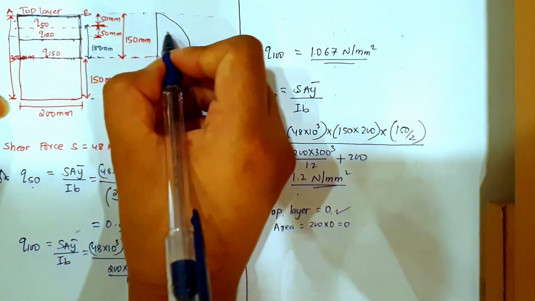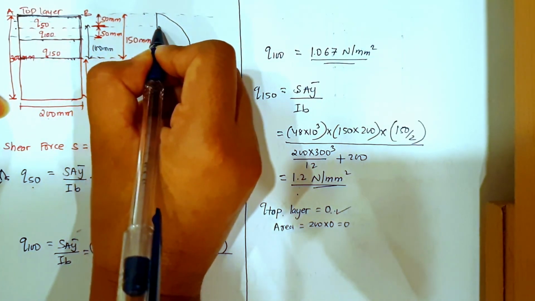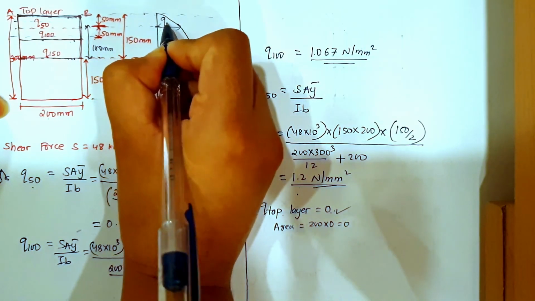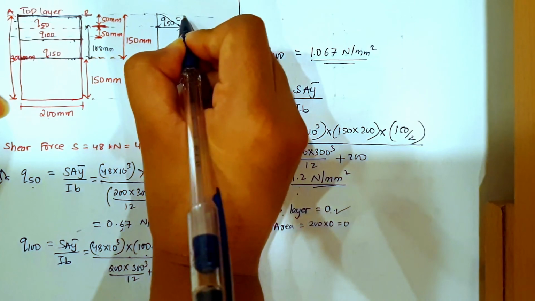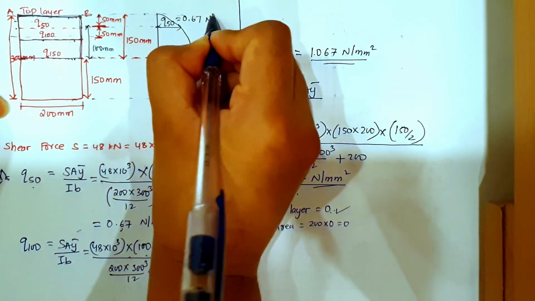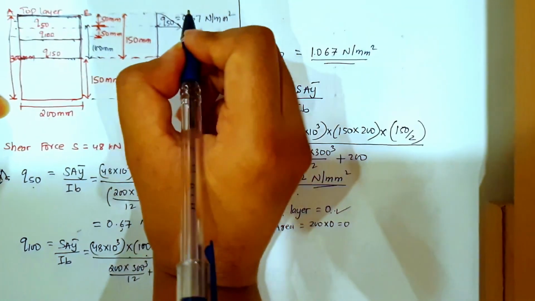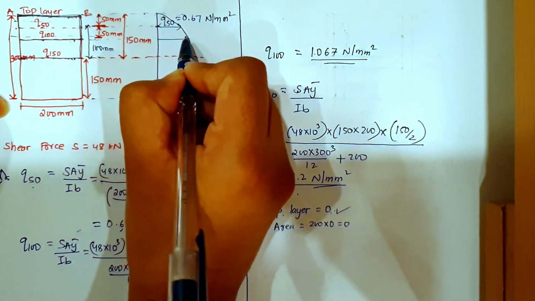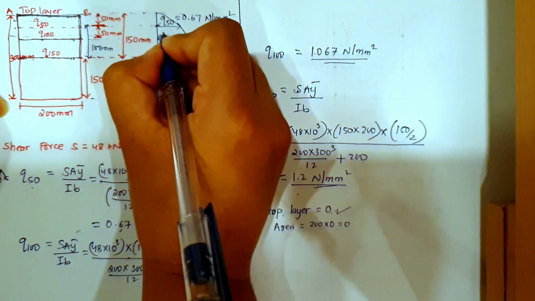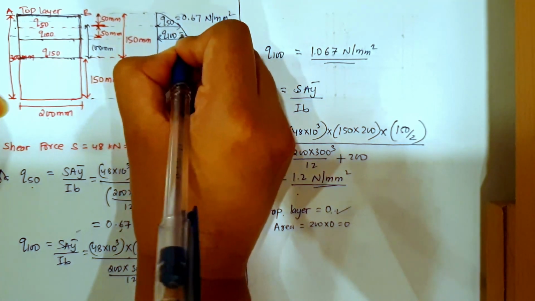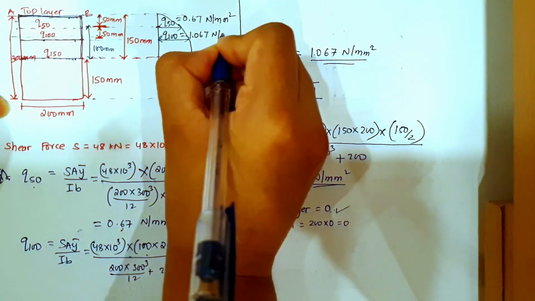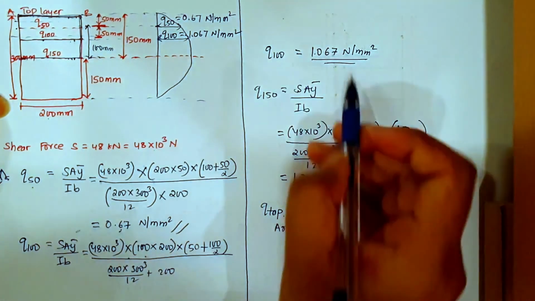So here at this point you have Q50 equals 0.67 Newton per mm square, and then at this point, which is Q100, is equal to 1.067 Newton per mm square, right?